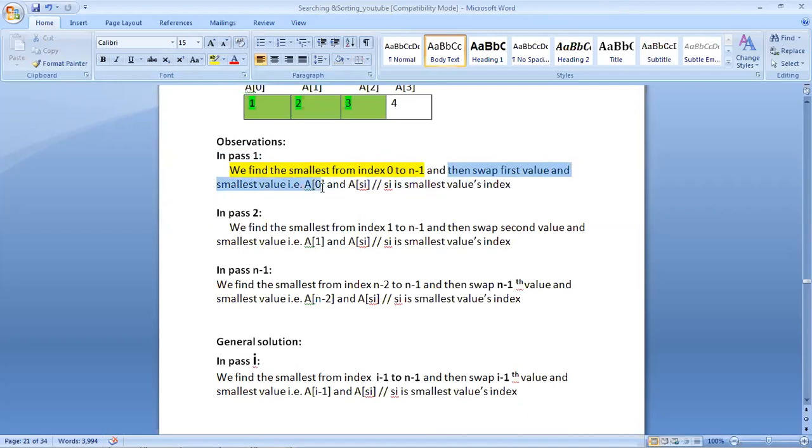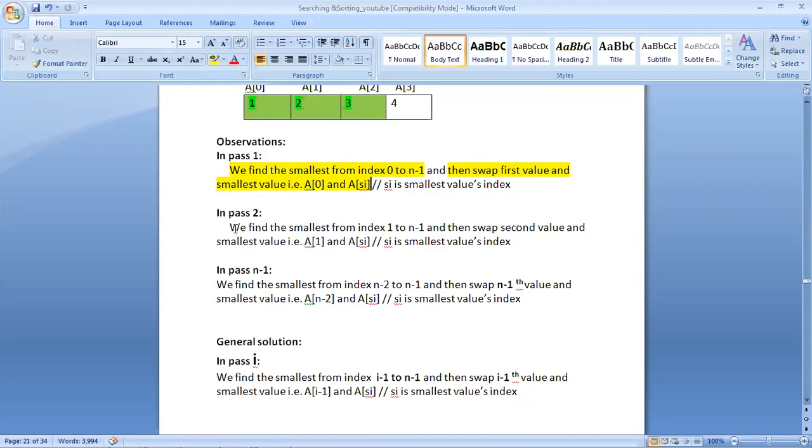The first value is at A of 0 and the smallest value is at A of Si. Here Si means the smallest value's index. We have to swap the first value and the smallest value during pass 1.